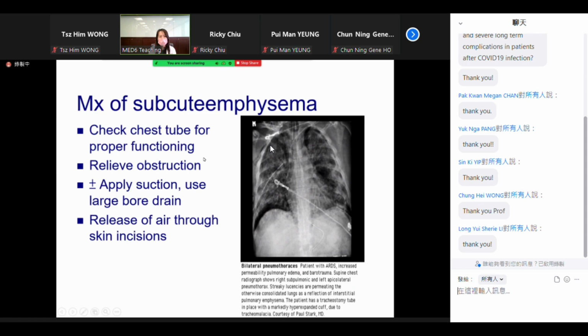So the treatment would be to relieve the obstruction, insert another chest drain, and apply suction, so the air can be drained efficiently over the proper channel through the chest drain. And sometimes if the subcutaneous emphysema is very severe, compromising the upper airway, then we have to put in a subcutaneous drain or make a skin incision to let the air come out.